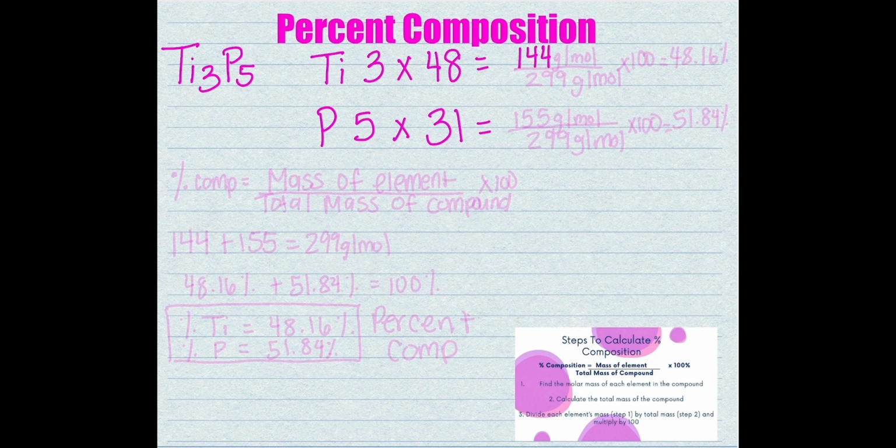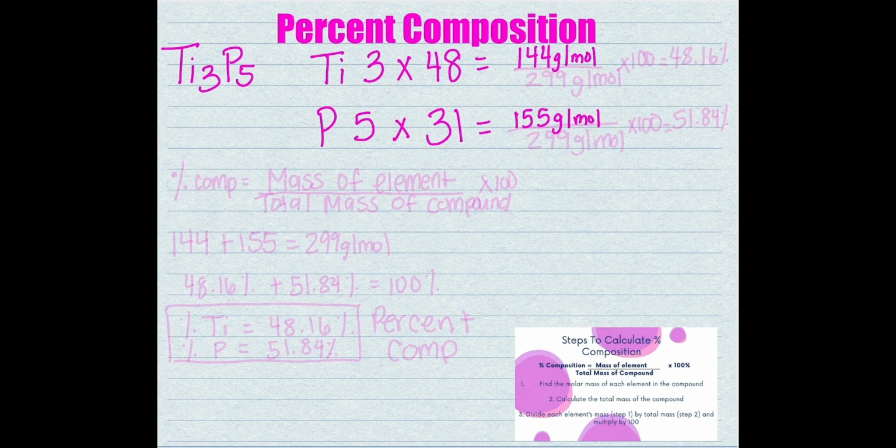I want you to make sure that you leave room because you will have to put your percent composition formula in place. Then 5 times 31 is 155. Okay? So we found the molar mass of each element. So the molar mass for Ti is 144 grams per mole, and for P, it is 155 grams per mole.